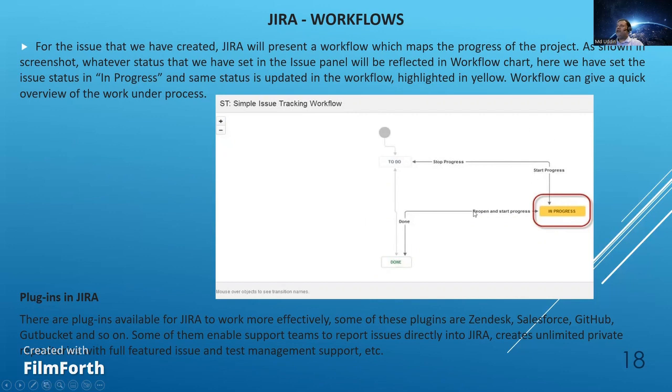If you open that workflow chart, you will see the map of the tracking workflow, showing whether your issue is in progress, open, done, or resolved. By seeing this workflow, you can quickly understand which position the issue is in, whether it is in progress, done, or not yet started.